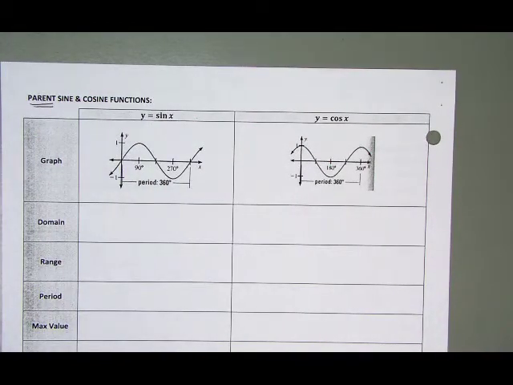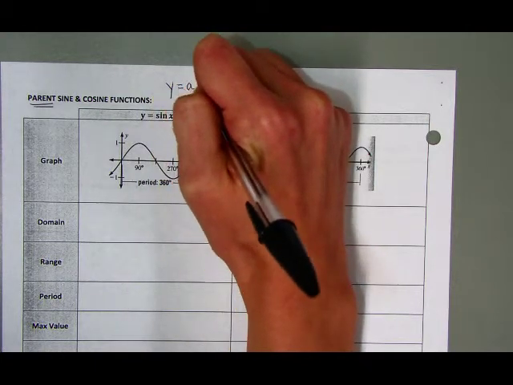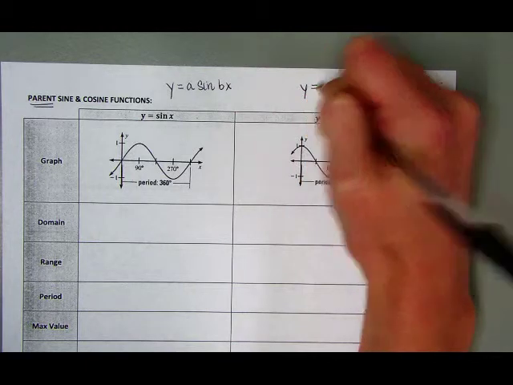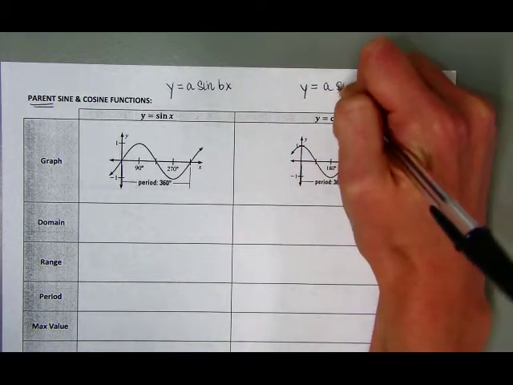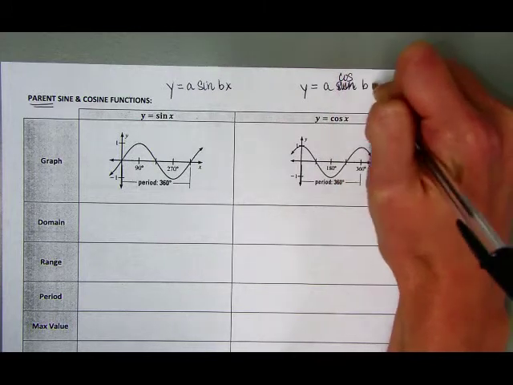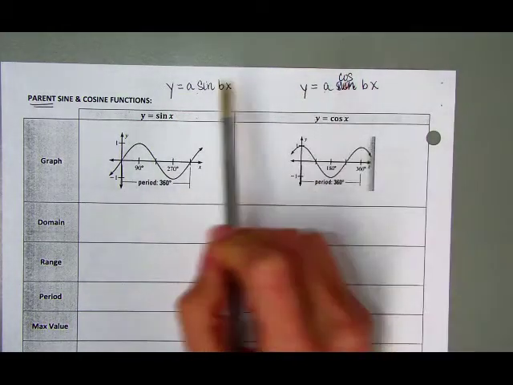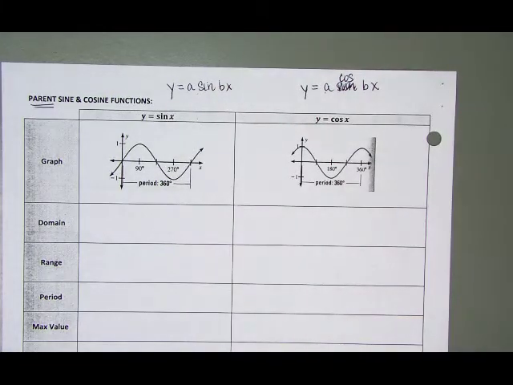If you remember, on the other side of the page, let me write this down real quick, our general equations, this is not sine, this is cosine, has the a in front of both our sine and cosine and a b value in front of both of our x's. That's our general idea of how we're going to graph our sine and cosine.